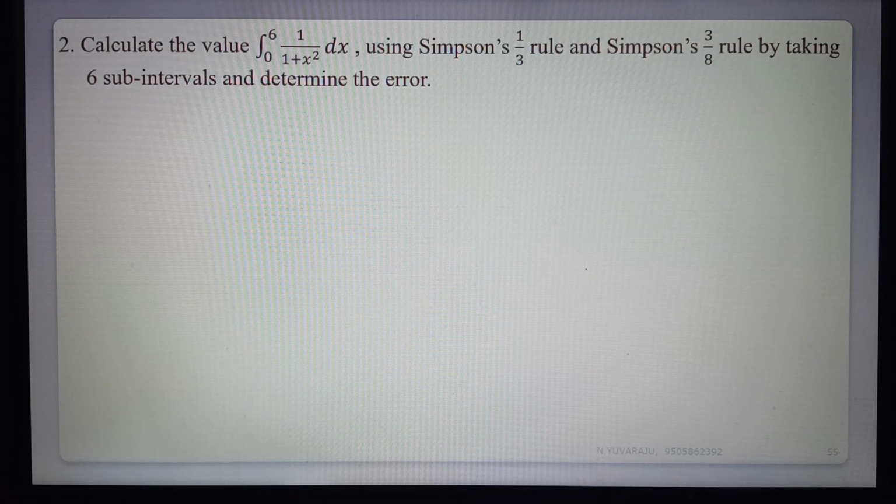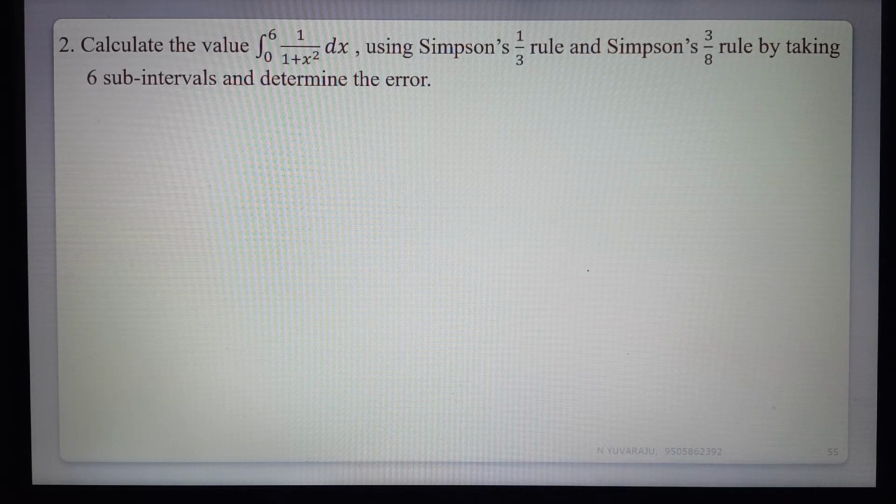Error means: first find the numerical values using these two numerical methods, next find the exact value by general integration, and the difference between both values is called the error. First we find the numerical value by using numerical methods.